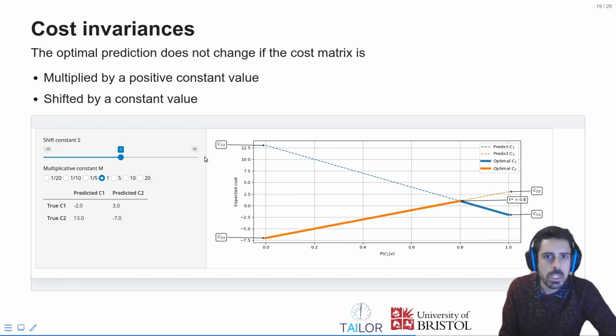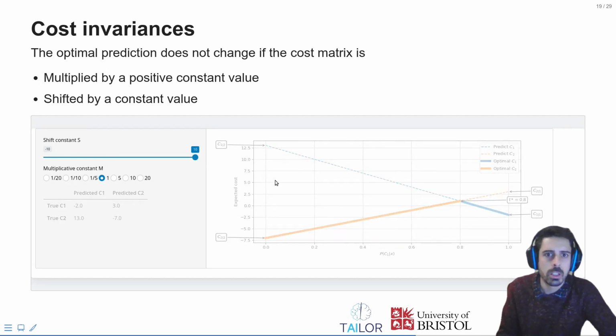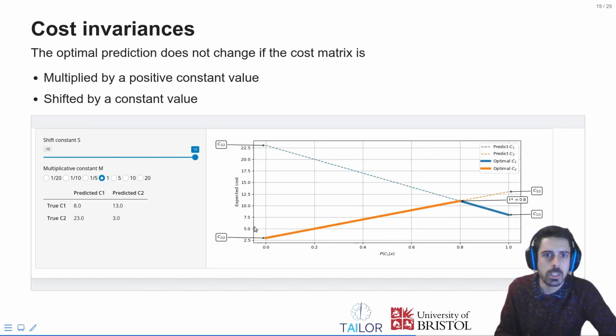Then we will see that the threshold is still 0.8 here, and the expected cost is the only thing that will change. For example, if we shift by 10, the only thing that will change is the scale of the expected cost. The threshold will remain the same. We can multiply by 20, and the same, all the costs are modified accordingly, but the thresholds are fixed.